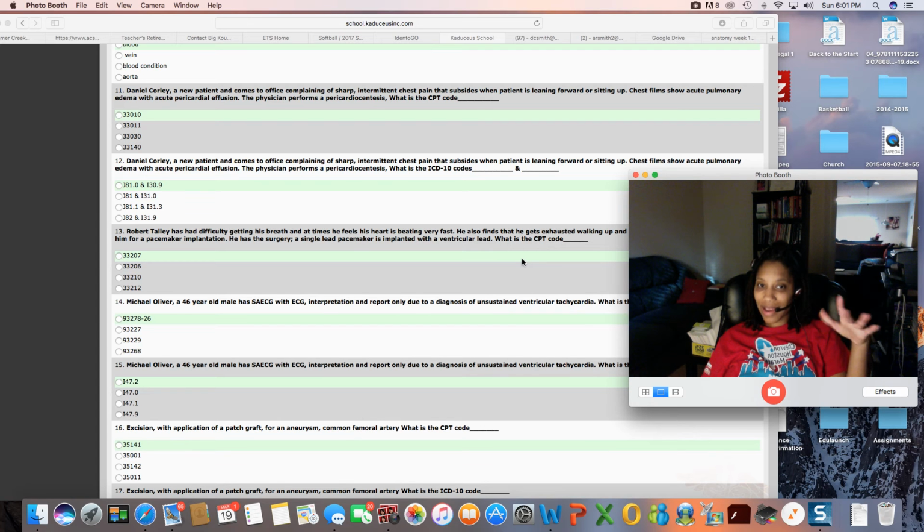This is why it's important that you know those landmarks as far as your anatomy is concerned, because if you know the femoral artery is near your femur, then the common shouldn't throw you off. It shouldn't lead you astray. So that is your explanation for your heart exam.